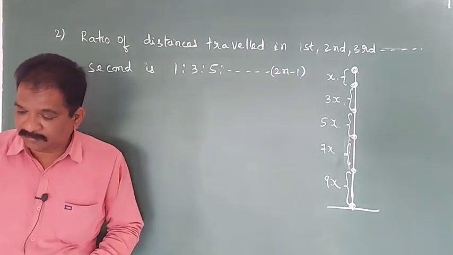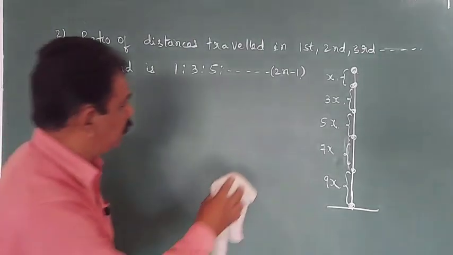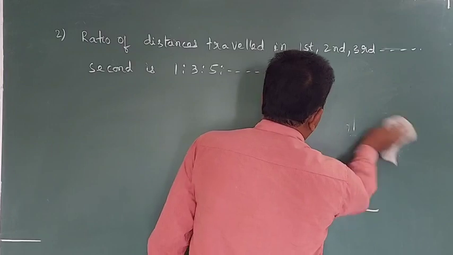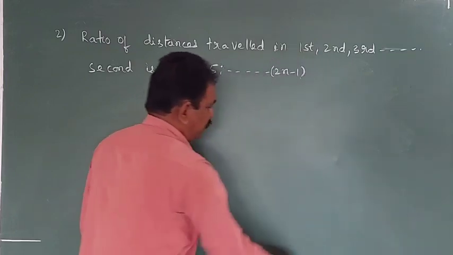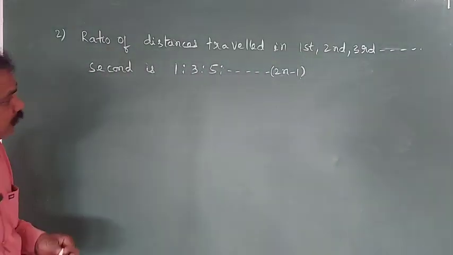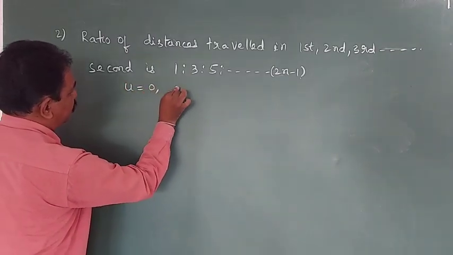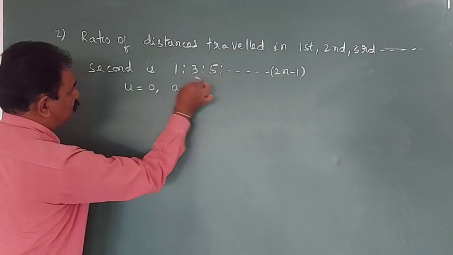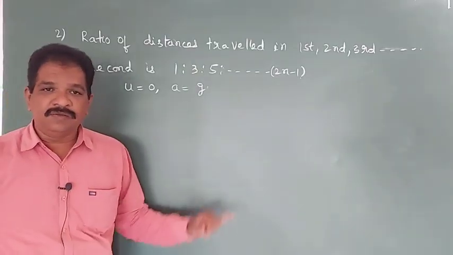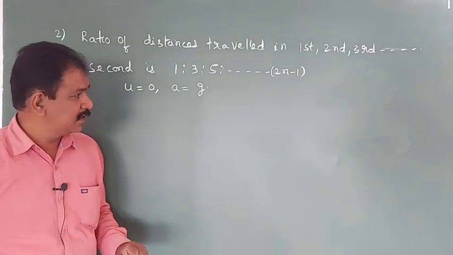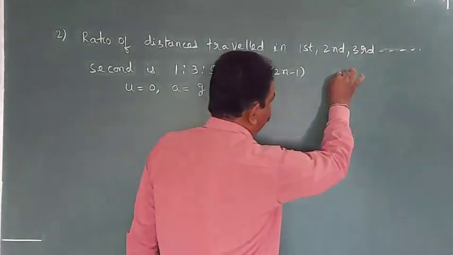How did this come? Mathematically we will prove that. Okay? So for the freely falling body, the u value will be 0, and the a value will be equal to g. Understanding? This is the freely falling body.